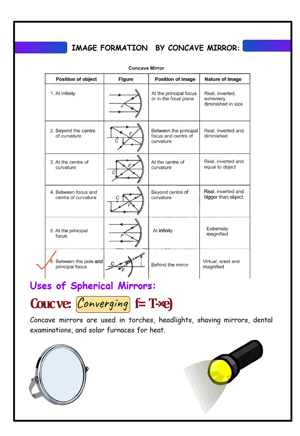Likewise, if you see it on the screen, you will find how the position of the object changes: first it was at infinity, then beyond the center of curvature, then at the center of curvature, then between the focus and the center of curvature, then at the principal focus, and then between the pole and the principal focus.